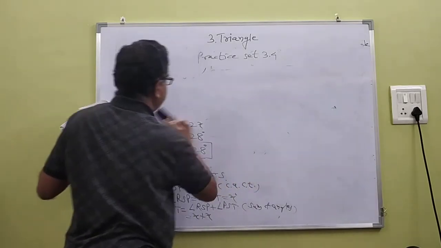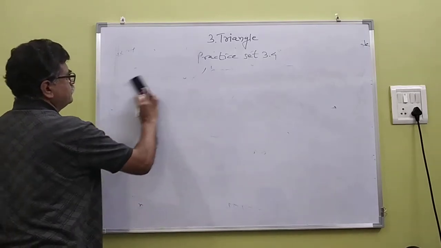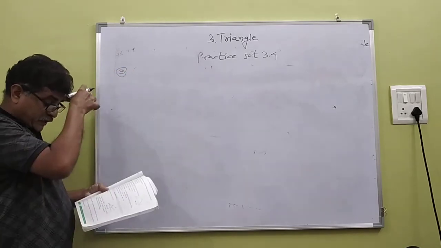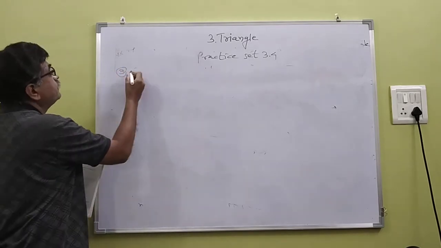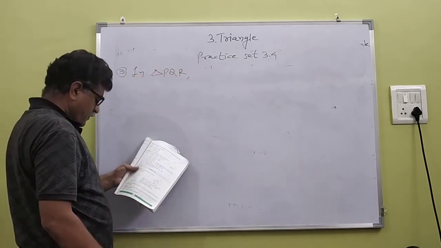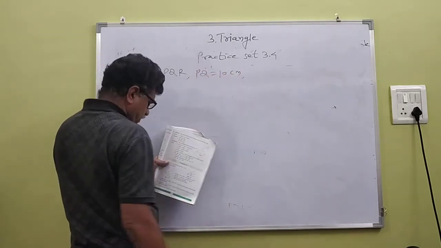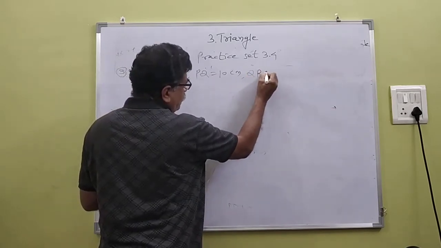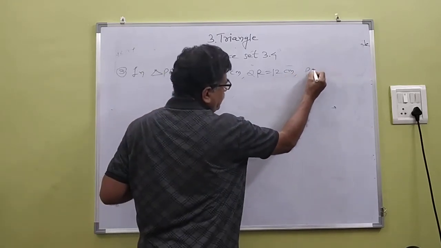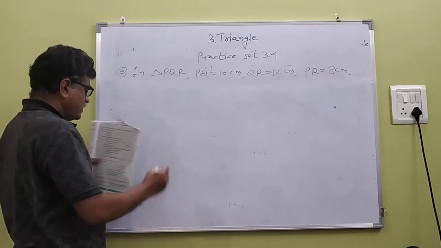Now question number 3. In triangle PQR, PQ is equal to 10 centimeters, QR is equal to 12 centimeters, PR is equal to 8 centimeters.